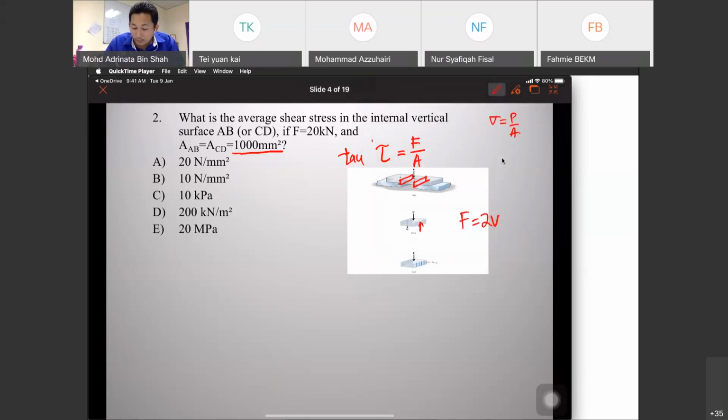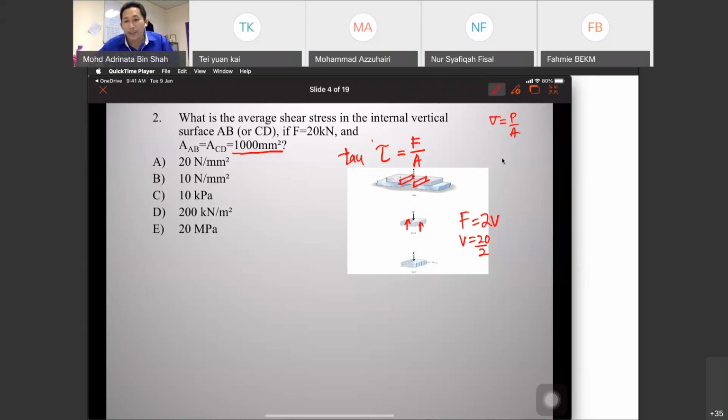Ni 1, 2. So untuk equilibrium dia kena samalah. F sama F tolak V sama dengan kosong. Okay, so F equals to 2V, V equals to F over 2, which is V is equals to 20 kilonewton divided by 2. Okay, so ni terasing lah, right?